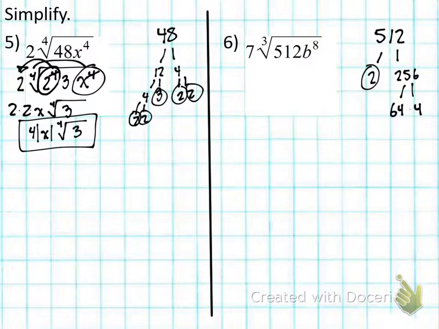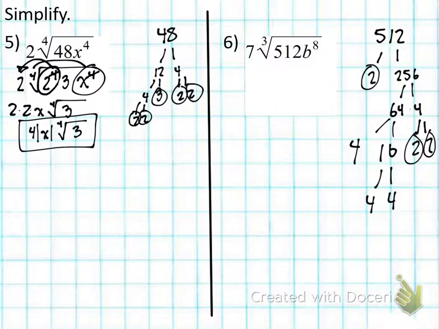Okay, so on this particular one, I'm going to keep factoring here. I need groups of 3, so I have 1, 2, and I know if I take this 4, I can get 2 more 2's, right? 64 is like saying, what is it? Or it could be 4 times 16. And I know 16 is 4 times 4, right?